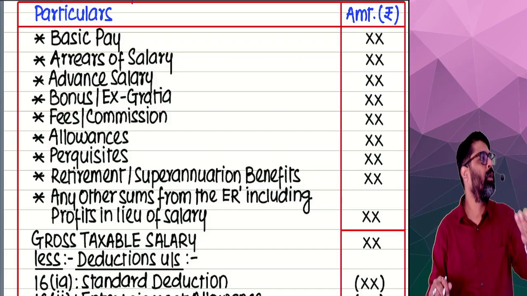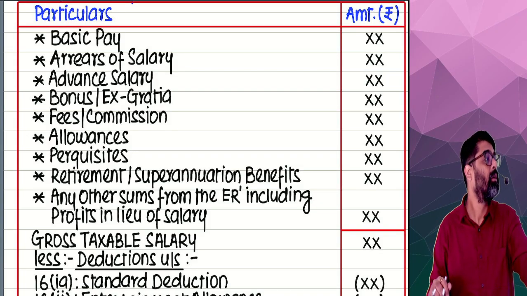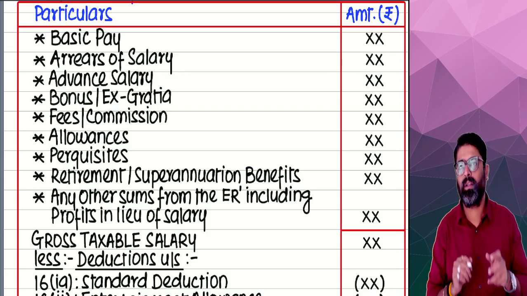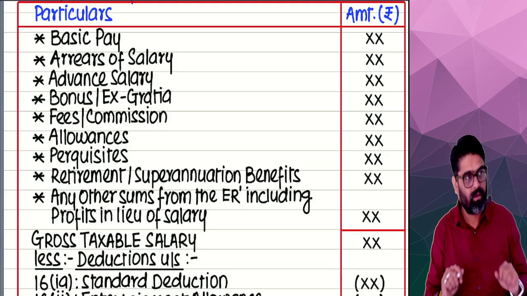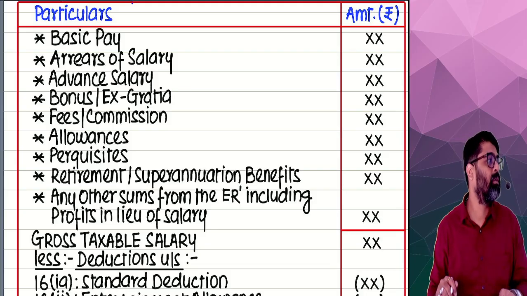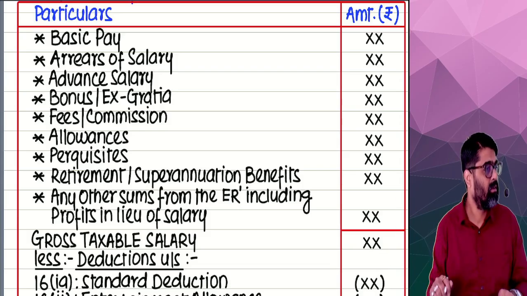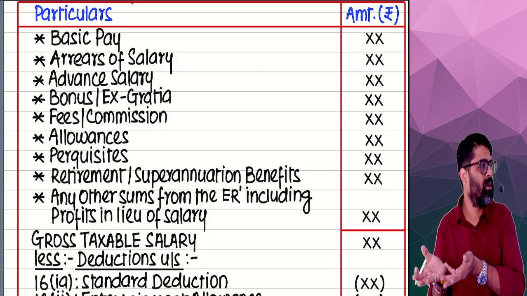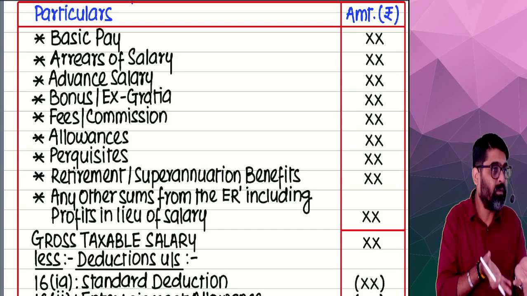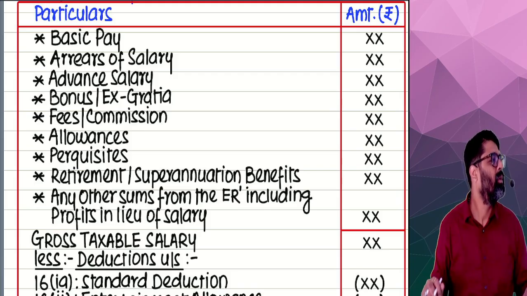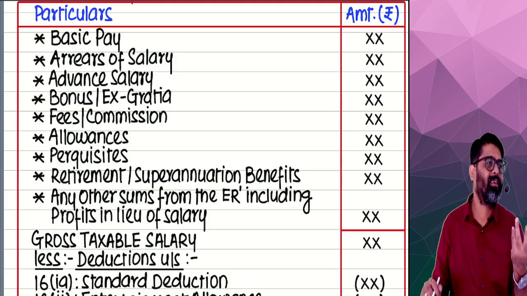Because anyways it was going to become due in this year. Right now, which month is going on? January. In the month of January, you are going to get the salary for February and March in advance. It is going to become due in this year, and it is also received in advance in this year. So there is no concept of advance here.